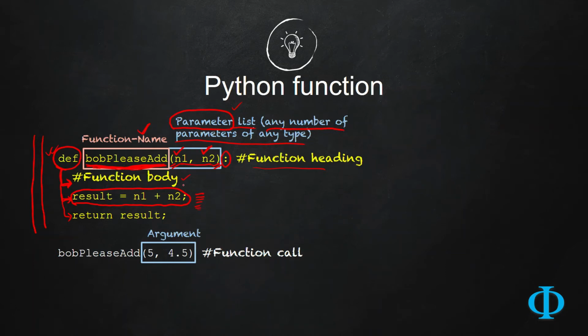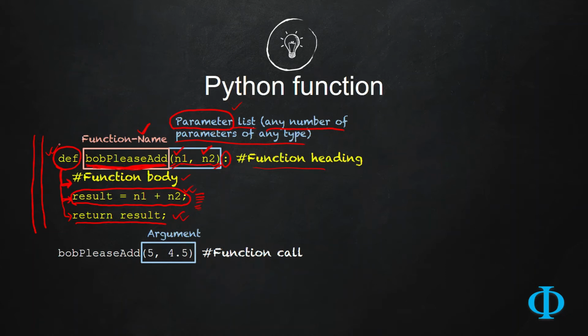Here we have just added the two different numbers, and finally in the last line I am returning the result back to the program. So that's what a function does.